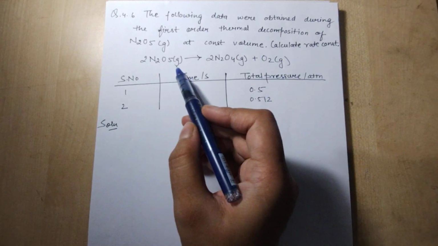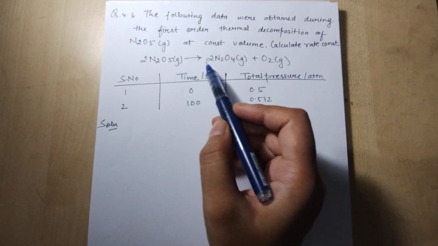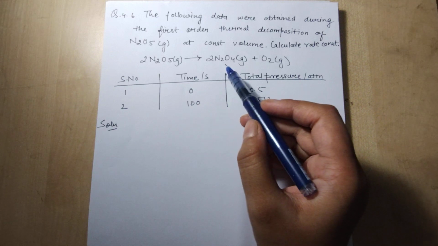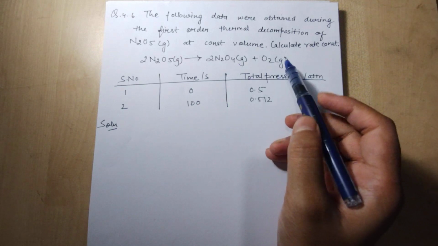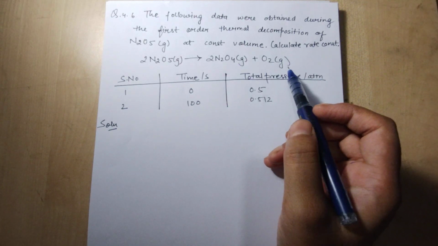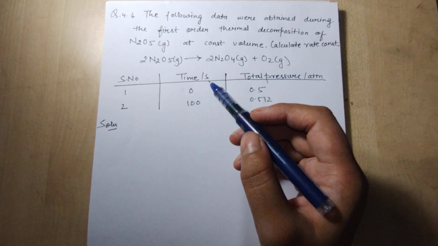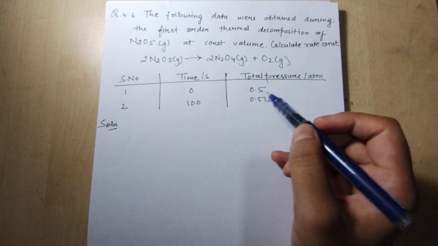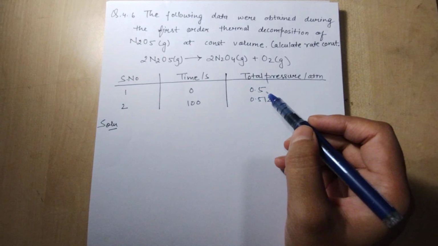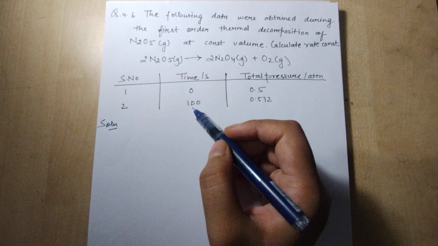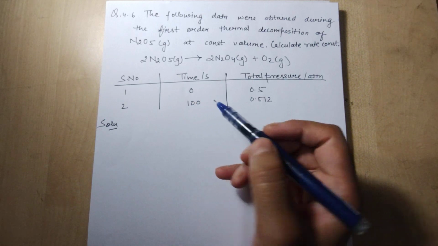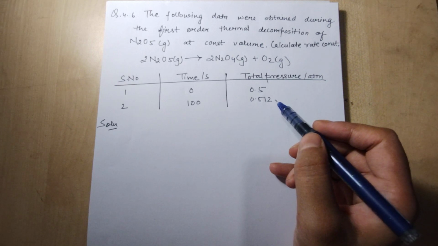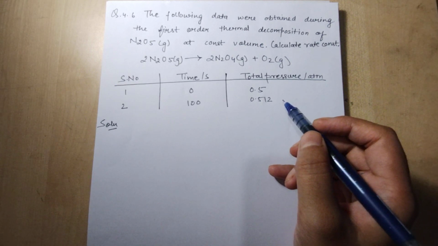Here N2O5 gas reacts to form 2N2O4 plus oxygen, that is 2 mole of N2O4 and an oxygen molecule. At initial time 0 second, total pressure is 0.5 atm. At time t, that is 100 seconds, total pressure is 0.512 atm.